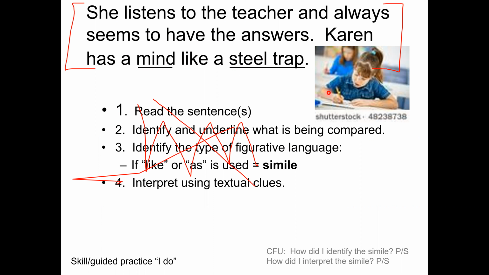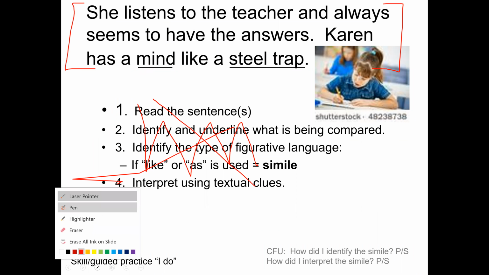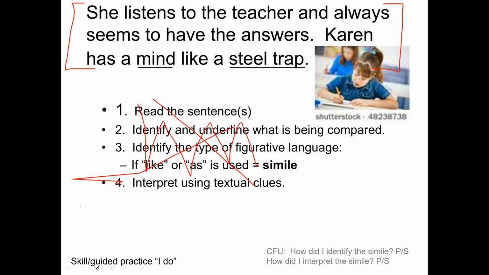Alasia, what's the third step? Identify the type of figurative language. What type of figurative language is it? A simile, because it uses like or as. Very good.